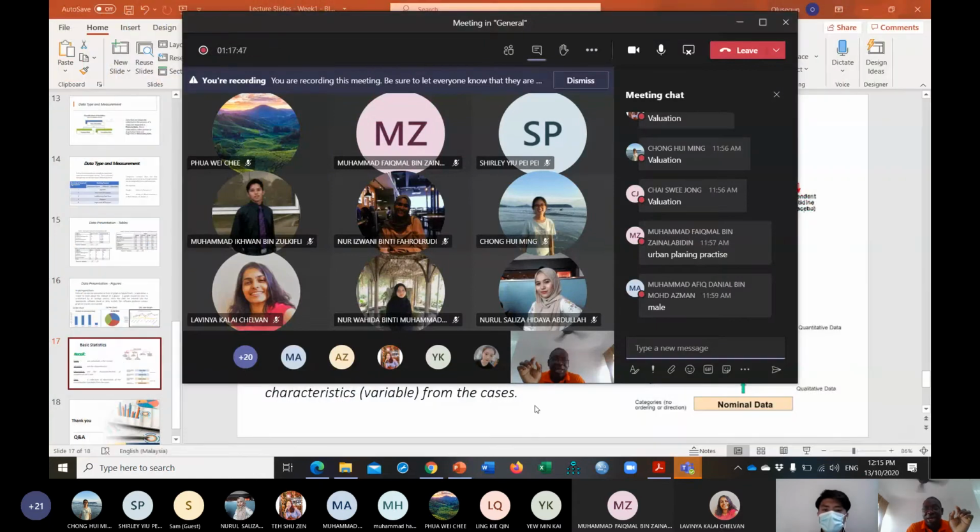This class, to me, is a sample representing students in Alambina. Let's assume that's your class, and each member of this class is a case that I want to study. So what are the characteristics that we need to study on each one of you? Anybody?